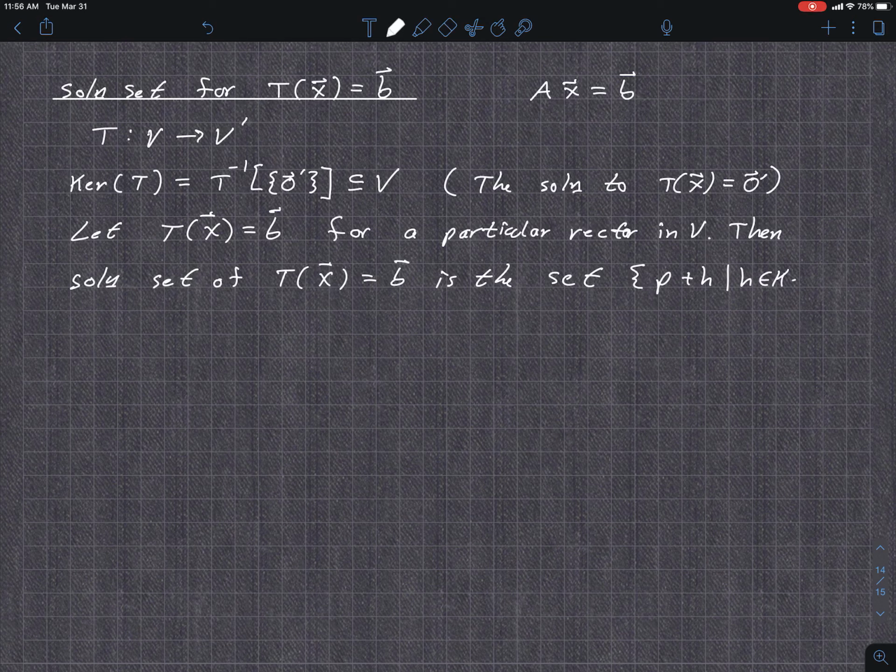Okay, but what we're going to say then is that h is in the kernel of T.